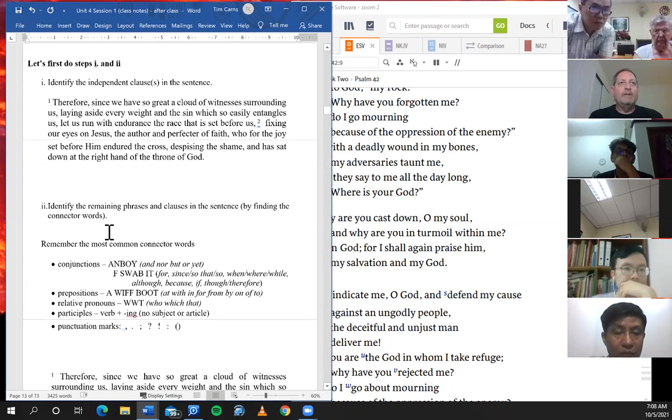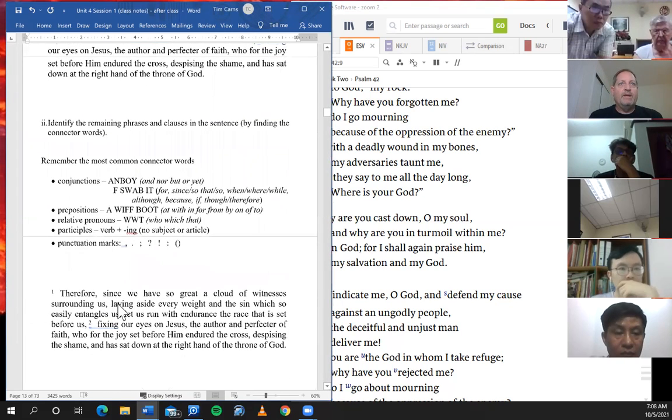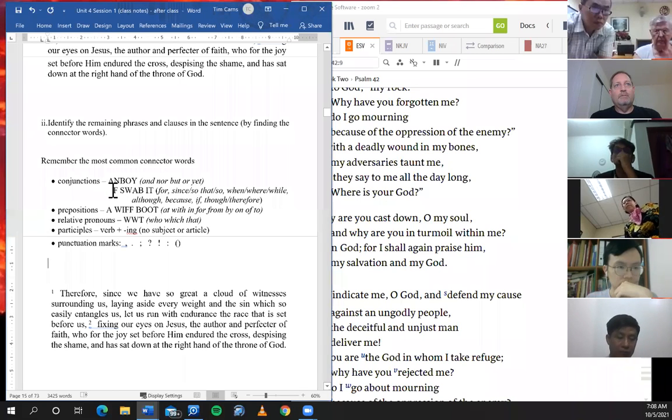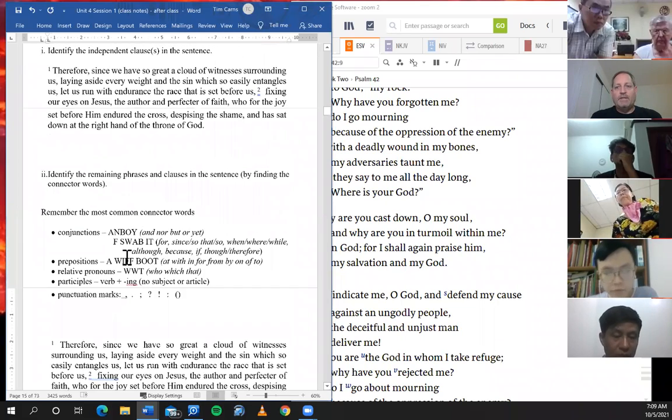And then secondly, if you remember, let's identify the phrases and clauses by finding the connector words. So I want you to do those 2 steps together after Fu-Wei reads the passage. See if you can find the independent clause, and then secondly, see if you can find the connector words, which will identify the phrases and clauses. Okay, and of course, remember, here are the key ones that are most common. All right, any questions on that?